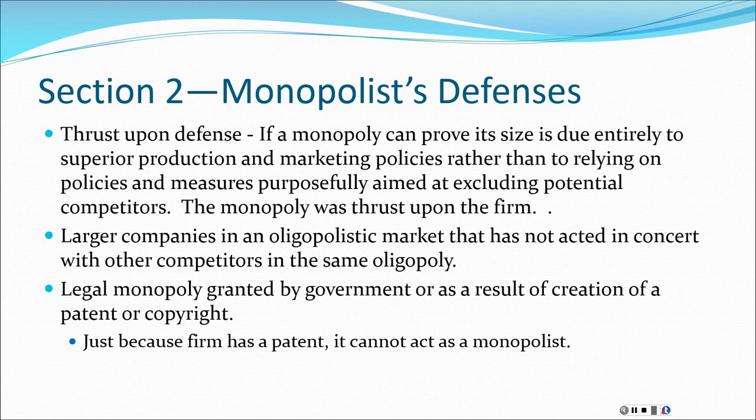And third, the monopoly was created because a patent or copyright gave exclusive rights. Now, it should be noted that a firm that has these exclusive rights of copyright or patent cannot act like a monopolist. You may have exclusive rights, but you cannot push your weight around and act like a monopolist.